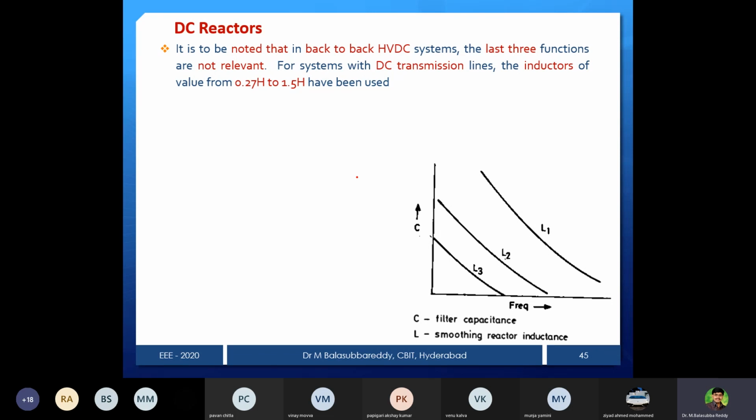For the HVDC system with DC transmission lines, inductor values from 0.27 to 1.25 Henry are being used. Again, it is a large reactor because if any short circuit happens, a large inductor in series with the line can limit the short circuit.